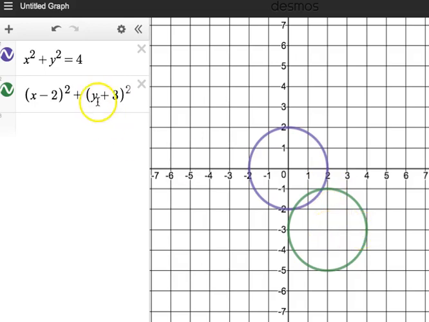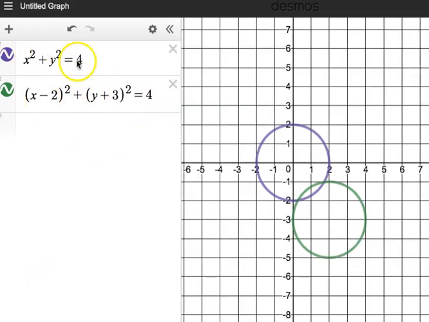Okay, however the radius is still 2, and I'm just going to make this section a bit bigger so you can see it. So this purple one has been shifted 2 units to the right with the x minus 2, and it's been shifted 3 units down with the y plus 3.